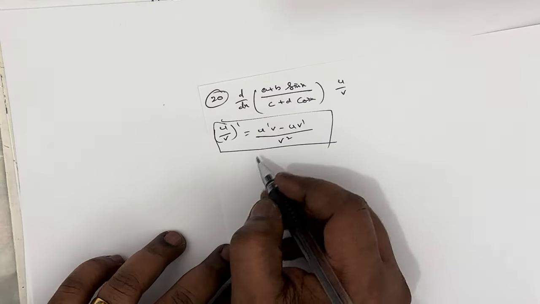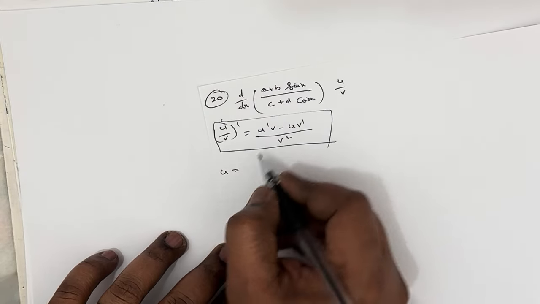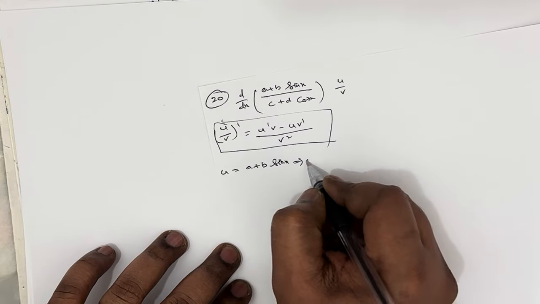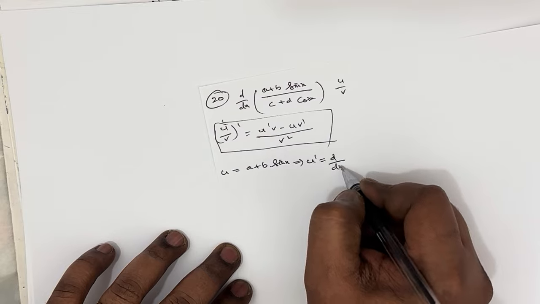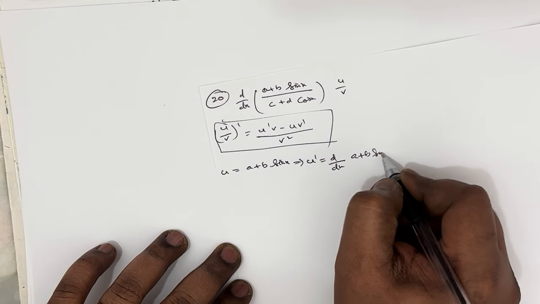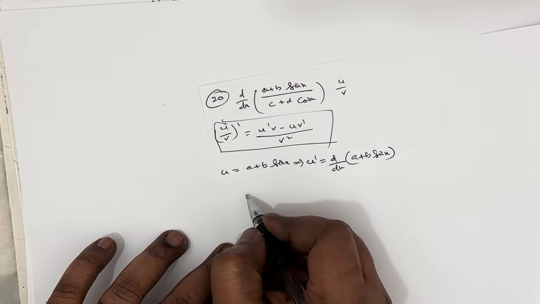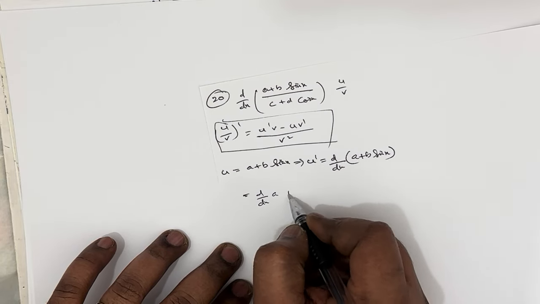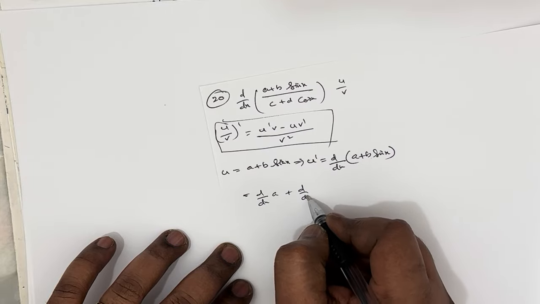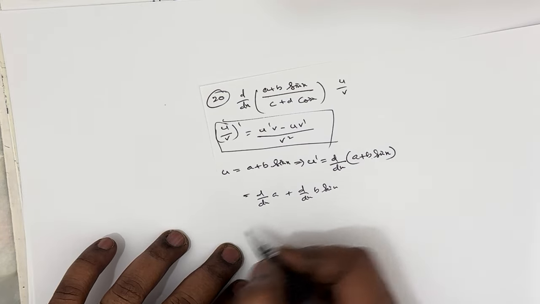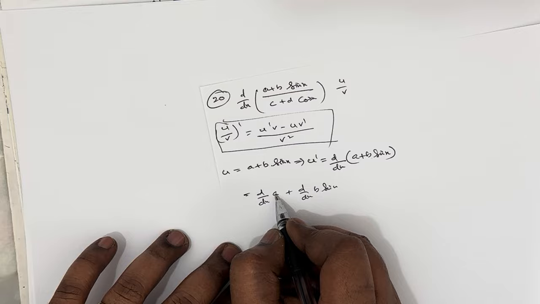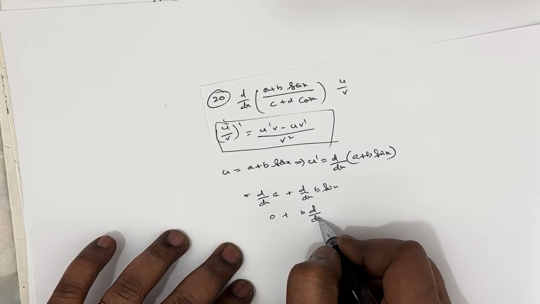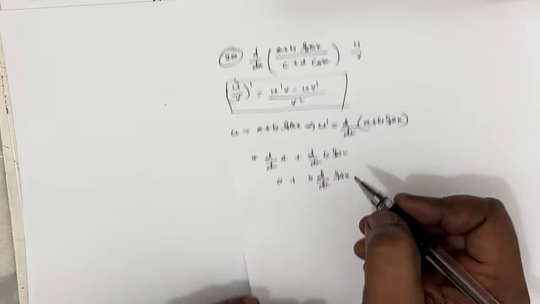So now let's find out u dash. u is equal to a plus b sin x, which implies u dash is equal to the derivative of a plus b sin x. That is d by dx of a plus d by dx of b sin x. The d by dx of a constant will be 0, plus, let's bring the constant b out, b times d by dx of sin x.